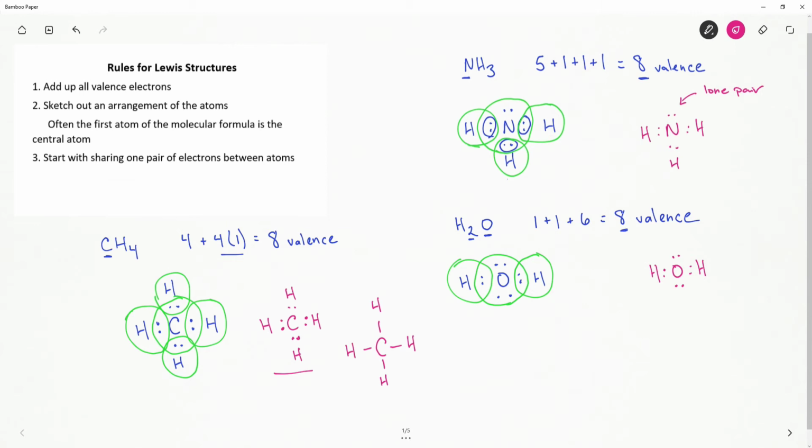So if you have 1 pair of electrons that is a bond, you can use a straight line to denote that. Now, I do want to point out that you cannot use a line for lone pairs. So let's go back to our structure for water here. We can certainly use the line to denote a single bond between oxygen and each hydrogen.